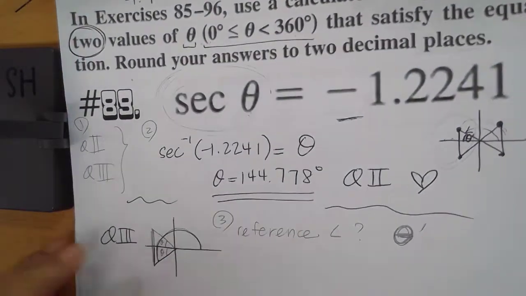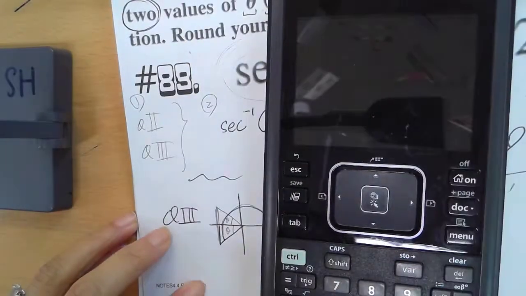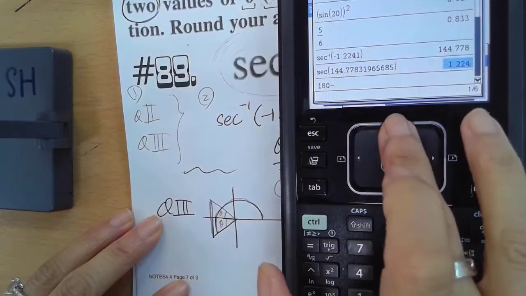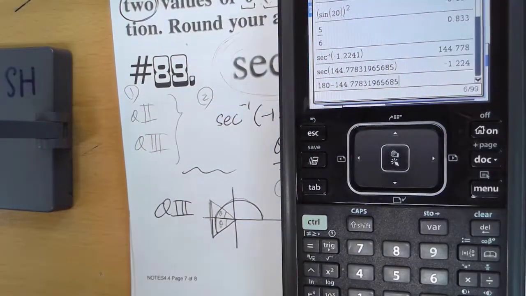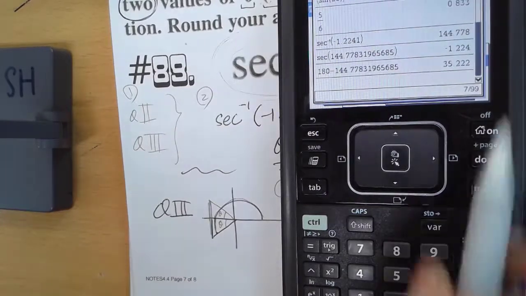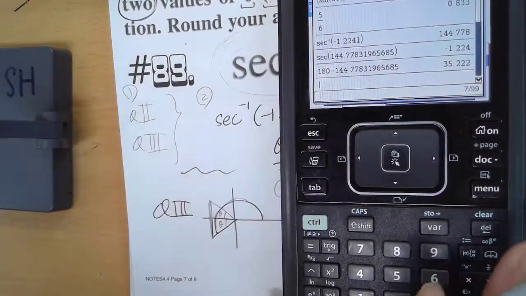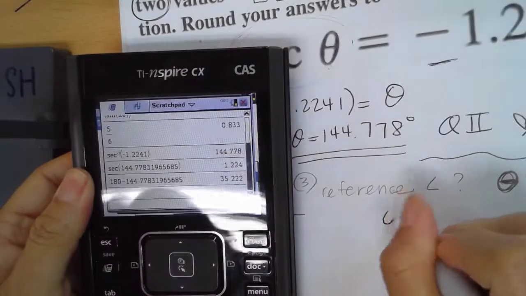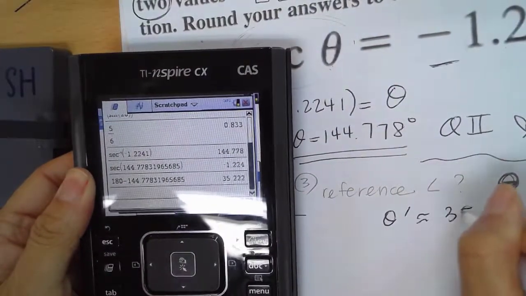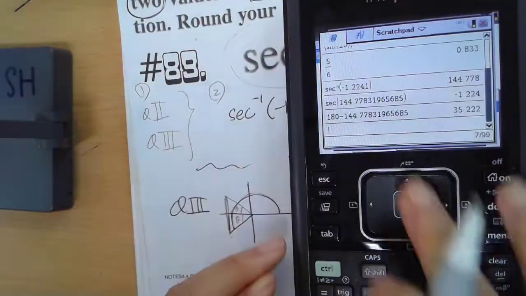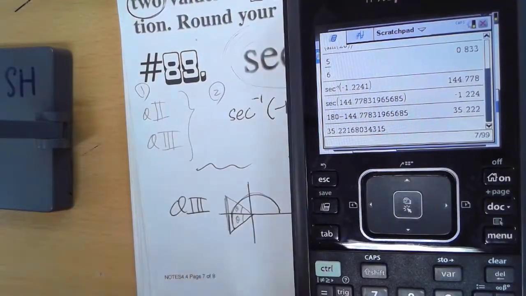So we do 180 degrees minus the 144 value. What's that going to give us? A small, positive value, which is our reference angle. So our reference angle is approximately 35.222 degrees, but not exactly, it's actually a long value.